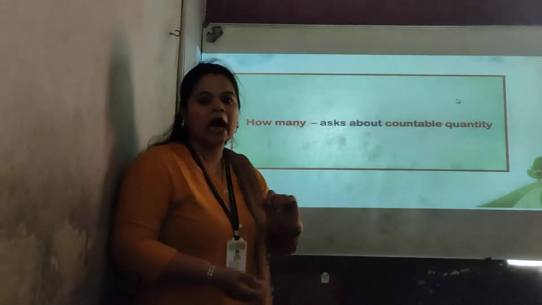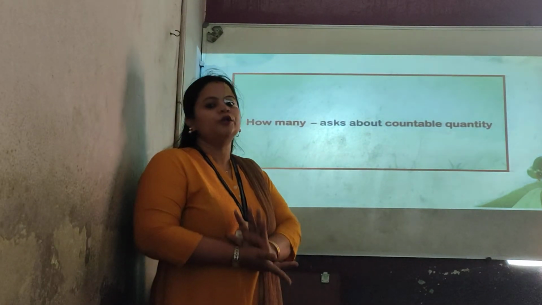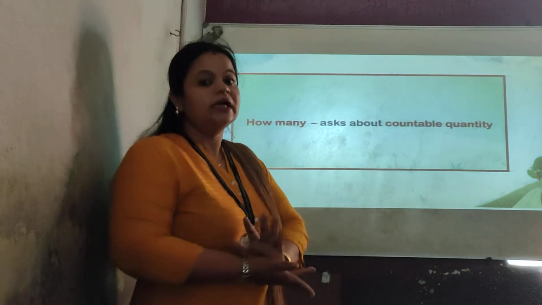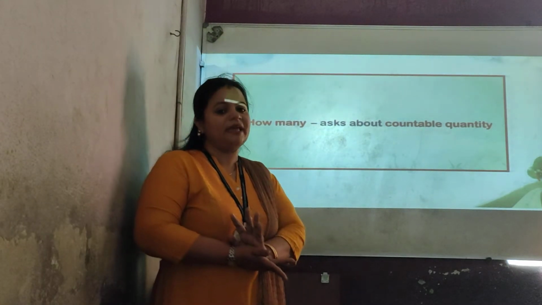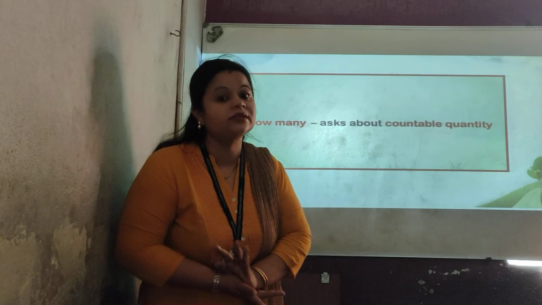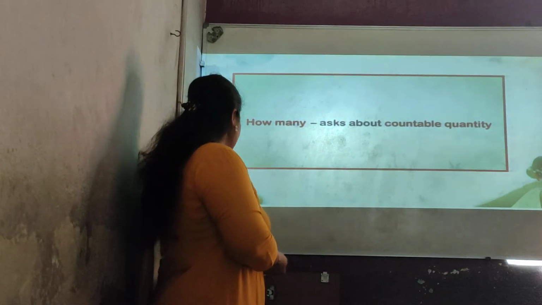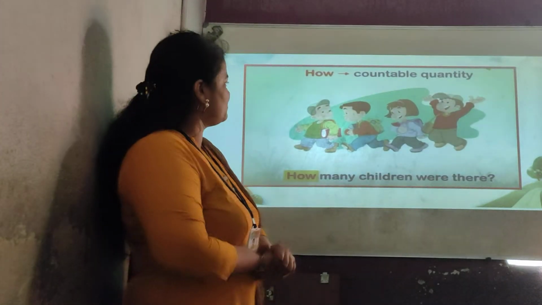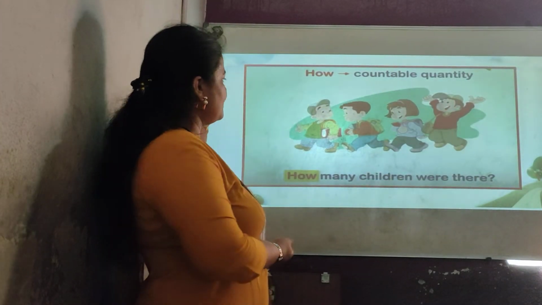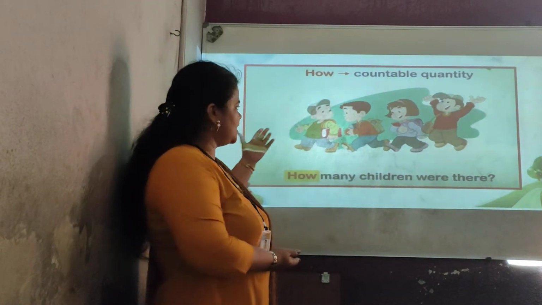Now in this one, we'll use the question word how many to ask about countable quantity. How many means you have to ask about countable quantity. Let's see the example of this. What do you see here in this picture? There is one child and many children.